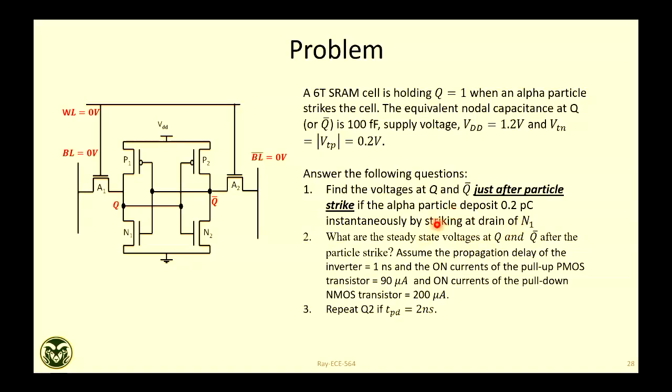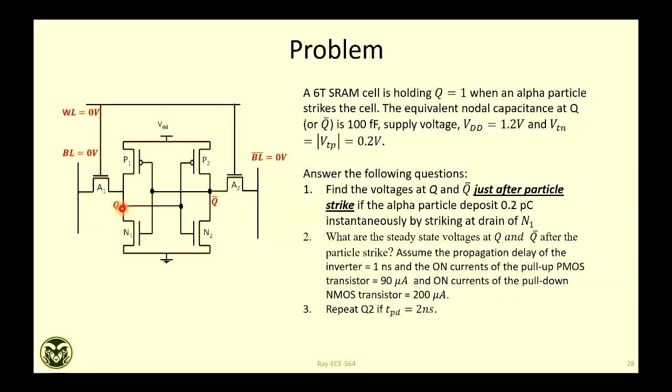Okay, so now, just after particle strike, find the voltages at Q and Q bar. This is one, and you're assuming the alpha particle deposits 2 picocoulomb by striking the drain of N1. That means here, the strike happens.